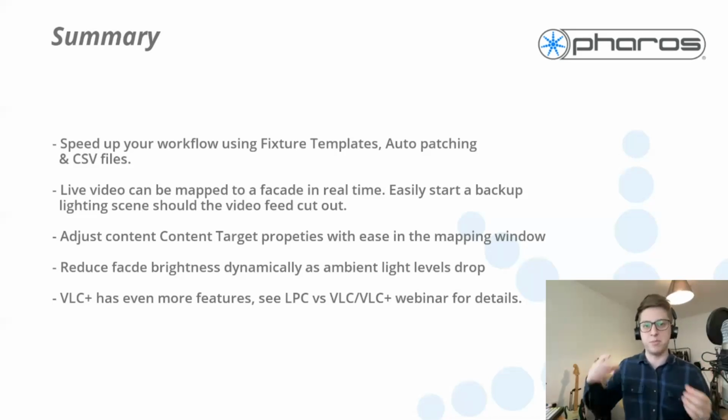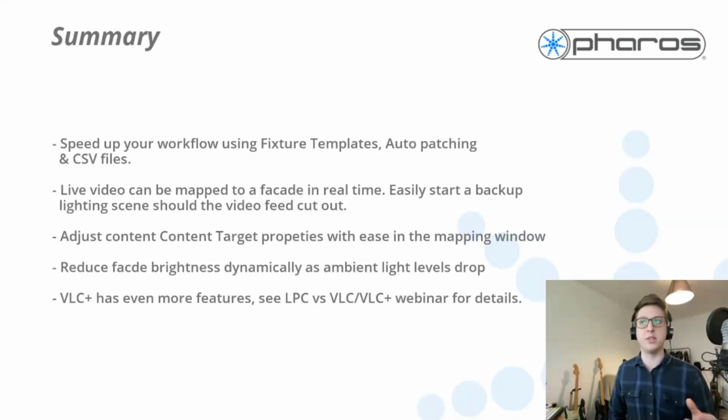Create a fixture template and then utilize the auto patching feature as well. Pulling in CSV files, if you're working with really complex shapes, can be another way of quickly building layouts and improving workflow, especially when you come to patch, or if you need to adjust your patch or your layout on the fly. It's really easy to do in Excel, then just bring that back in.